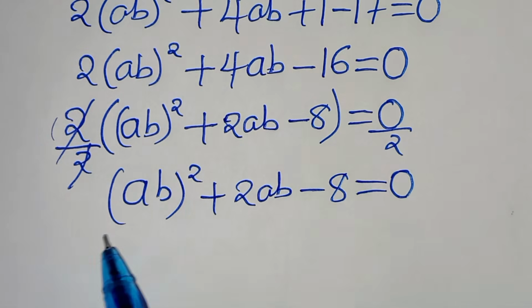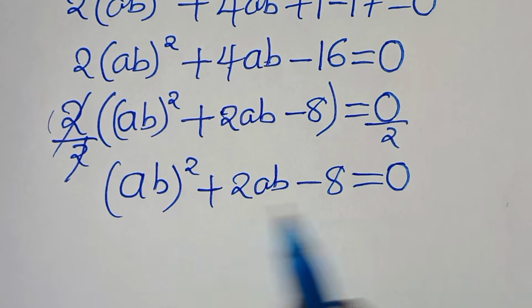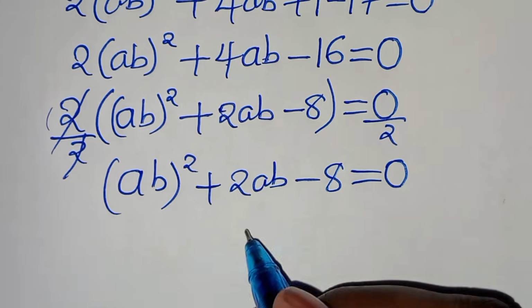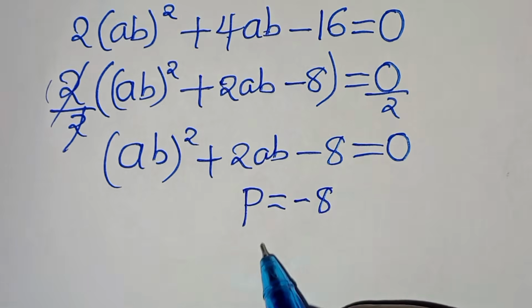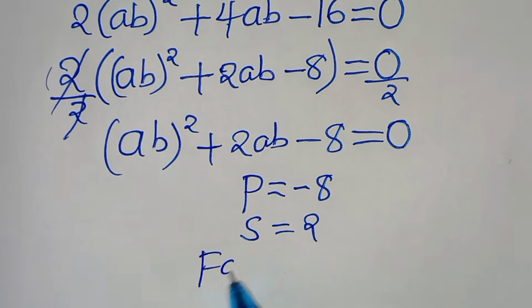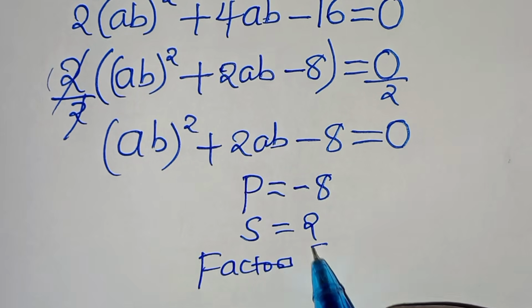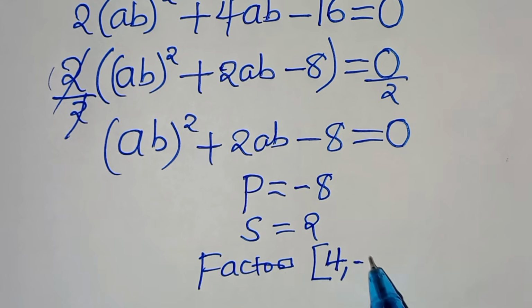So this is a quadratic equation, which we can solve by the factorization method. We have the product equal to minus 8 and the sum equal to 2. So we can identify two factors: 4 and minus 2.